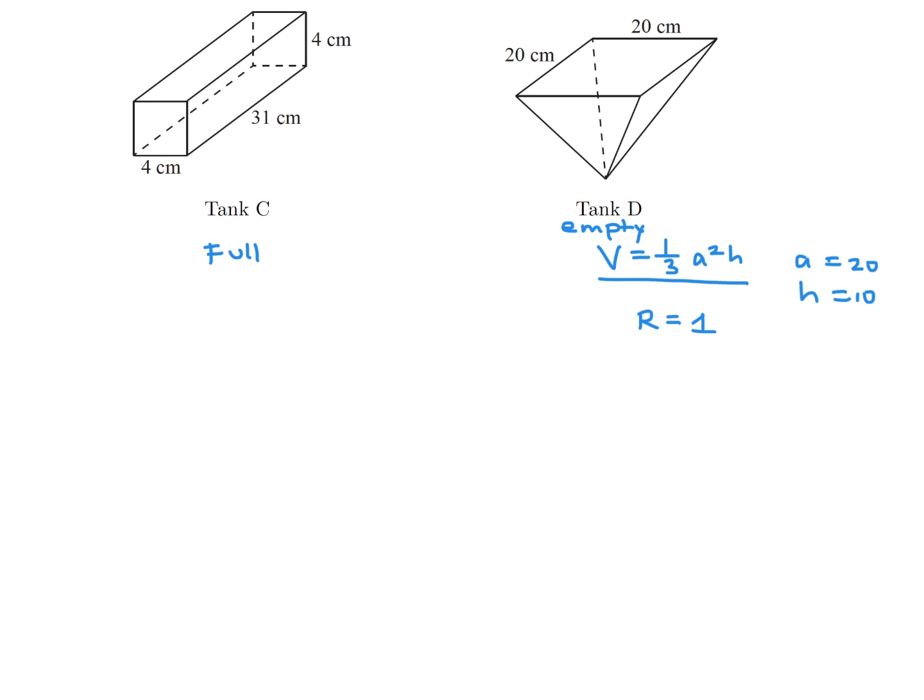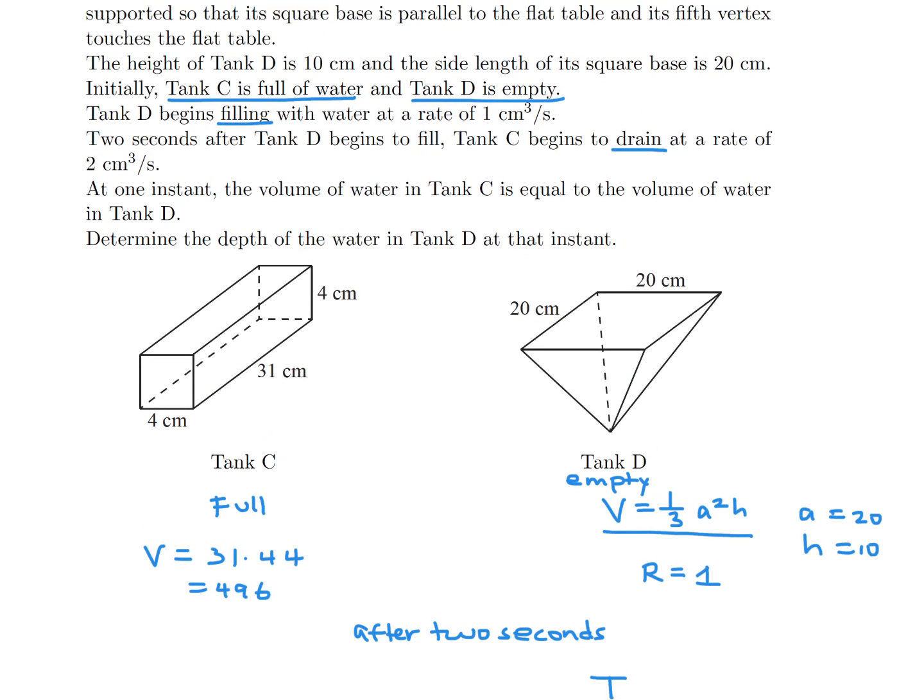So first, let me just figure out the volume here, because that's pretty straightforward. That's going to be 31 times 4 times 4, and that's 496. So after 2 seconds, it starts with T for the tank D, and 2 seconds after T starts to fill, right? 2 seconds after T starts to fill, yeah.